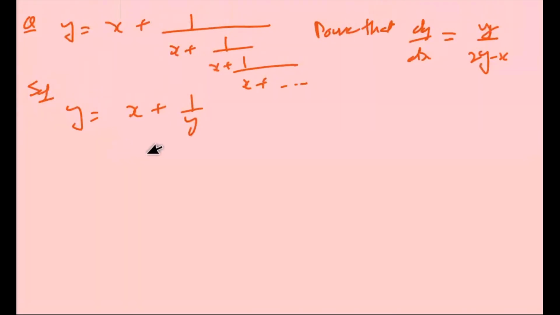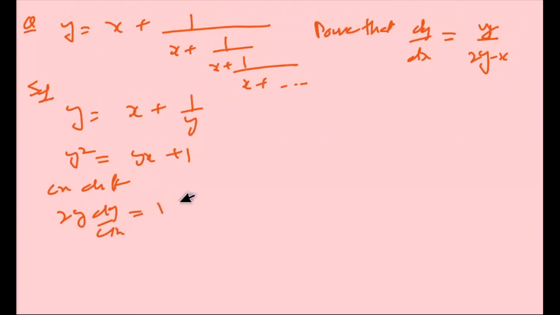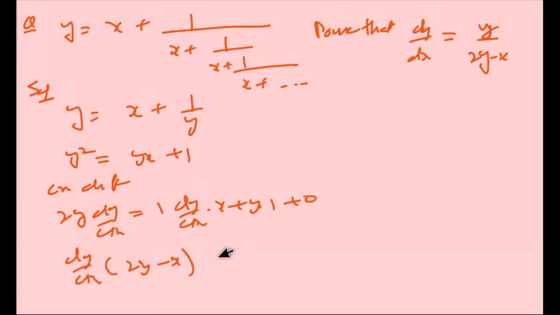So before starting, we have to find the dy by dx. If we want to cross multiply, we can cross multiply, no problem. Now on differentiating, 2y dy by dx equal to, product formula, 1 dy by dx into x plus y into 1 plus 0. Now taking dy by dx common here, 2y minus x equal to y.